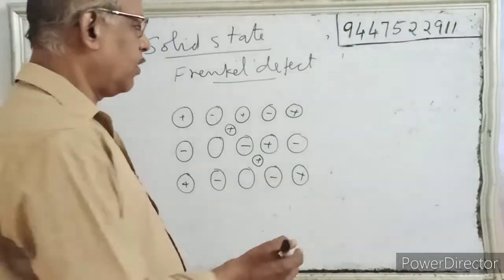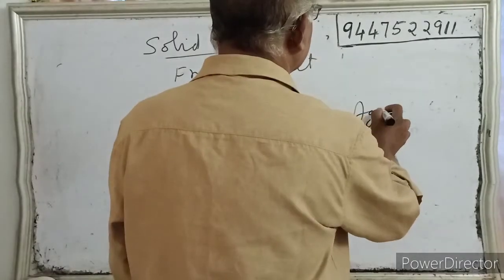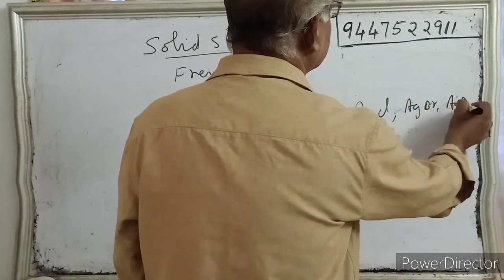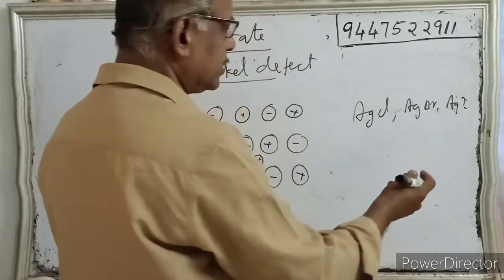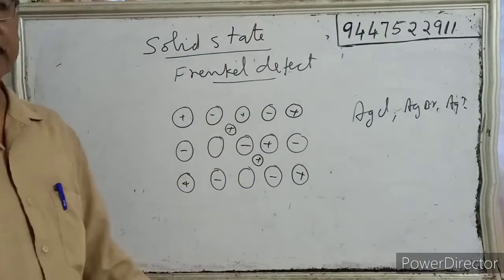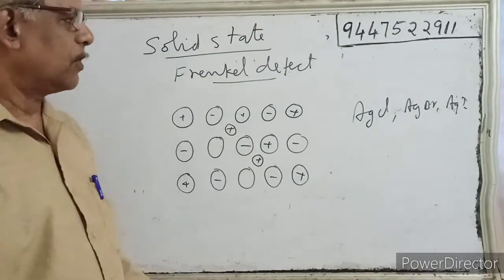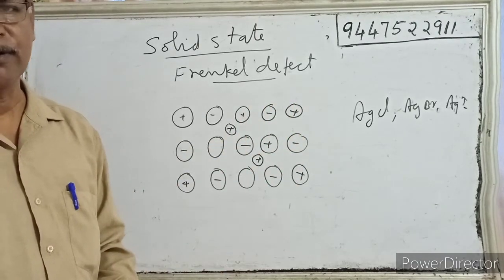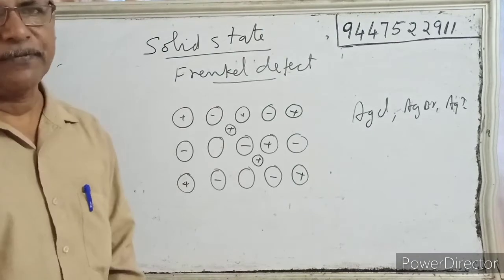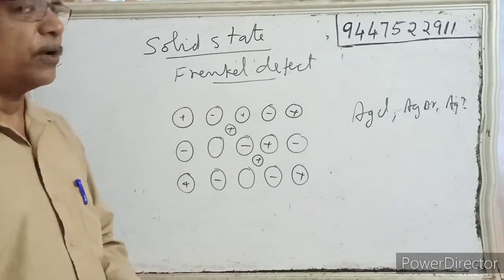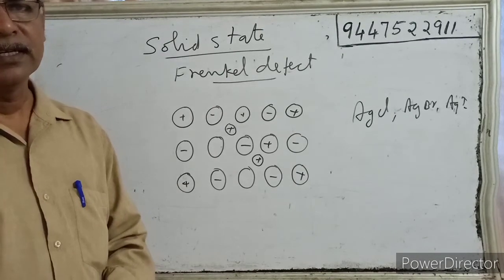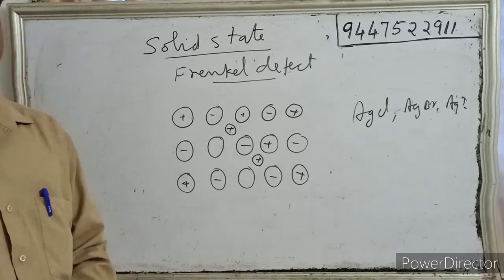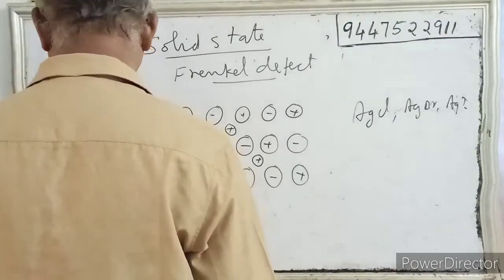But coming to silver chloride, silver bromide, silver iodide, etc., they can exhibit Frenkel defect, also zinc sulfide, etc. Because the size of the cation is smaller than that of the anion. So that is about the stoichiometric point defects: vacancy defect, interstitial defect, Schottky defect, and Frenkel defect.